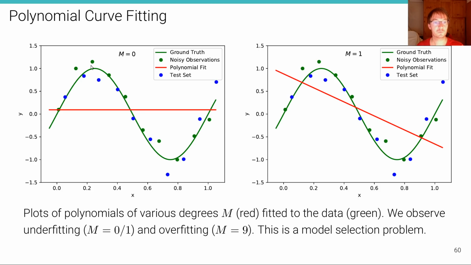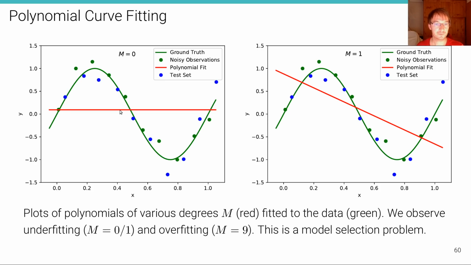This is what we fit the model to. The polynomial fit is in red, and the test set where we want to evaluate our model is in blue. The test set and the observations are sampled in the same way from this green true underlying model.